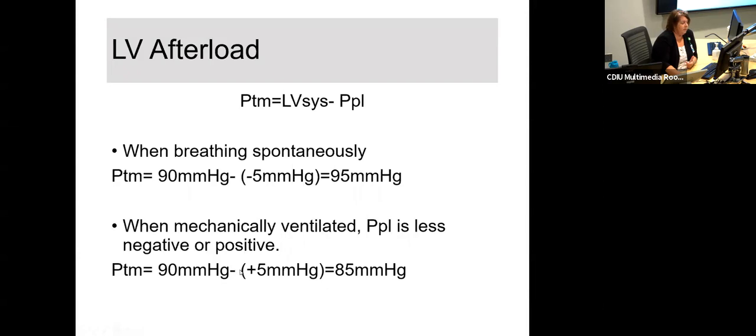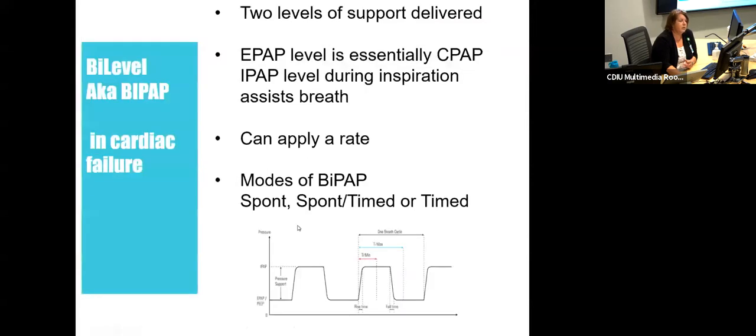So by basic math, my left ventricle only needs to generate 85 millimeters of mercury to get 90 downstream. There are many ways of explaining this. If you're confused, let me know and we'll go over it again. Okay?